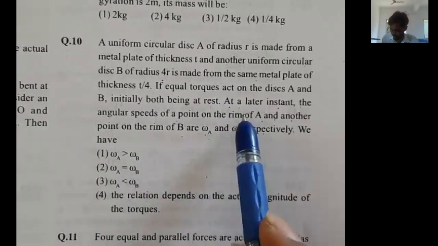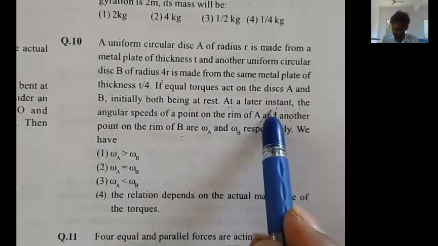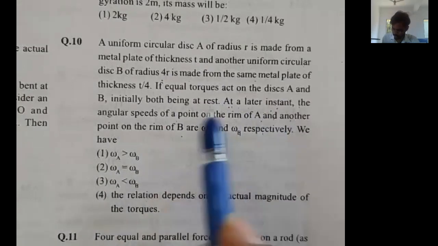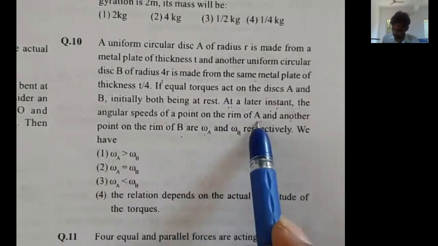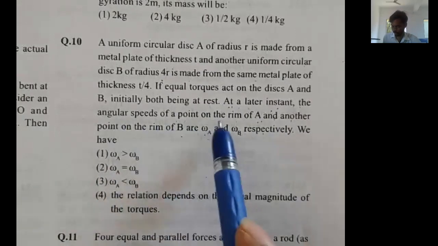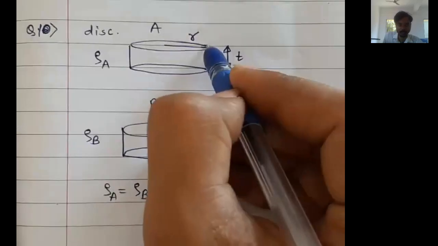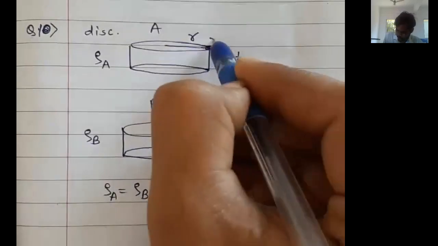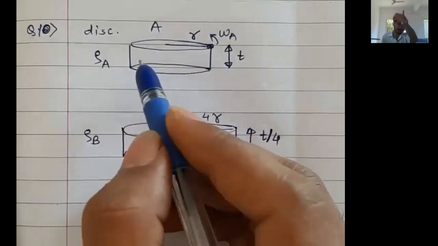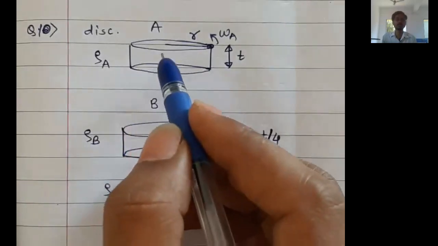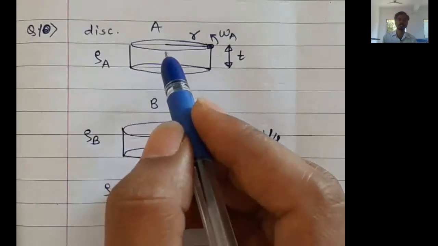Let me read it again. At a later instant, the angular speeds of a point on the rim of A. But sir, in rotational motion all the particles have the same angular speed, only linear speeds are different.